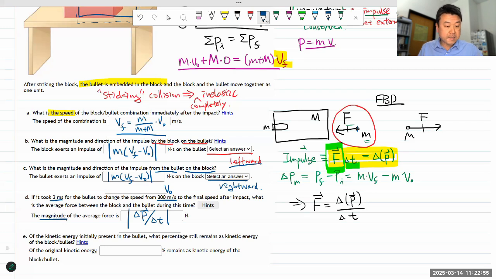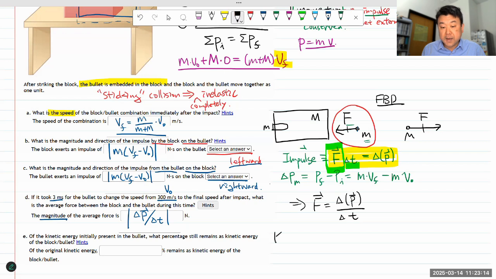Of the kinetic energy initially present in the bullet, what percentage still remains as kinetic energy of the block and bullet? Oh, okay. I think I just have to do the calculation. So I'll break up the calculation this way.